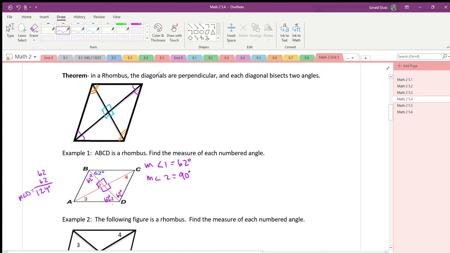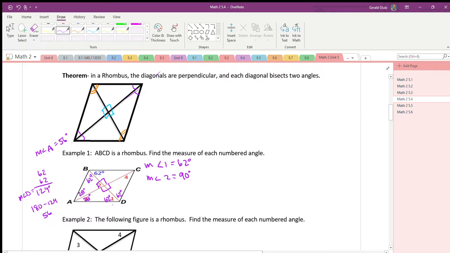That means angle A has to be supplementary to 124. So 180 minus 124 is 56. The measure of angle A is equal to 56 degrees. But remember, it's being cut in half, so each of these halves would have to be half of 56. 56 divided by 2 is 28.